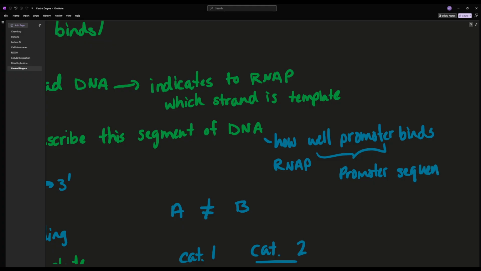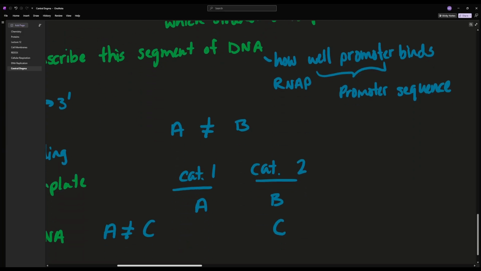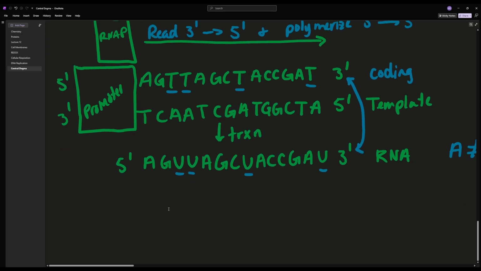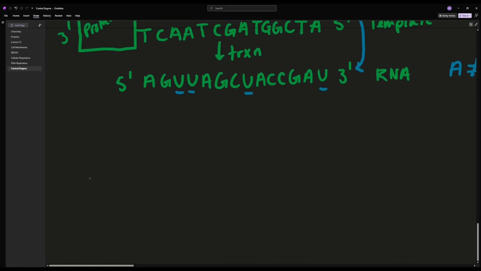So as we change the sequence of nucleotides that makes up this promoter, we can change its affinity, or how well it binds RNA polymerase. All right, so what's going to happen is we have our gene. Let's say we have some sequence, like I said, 5', 3'.